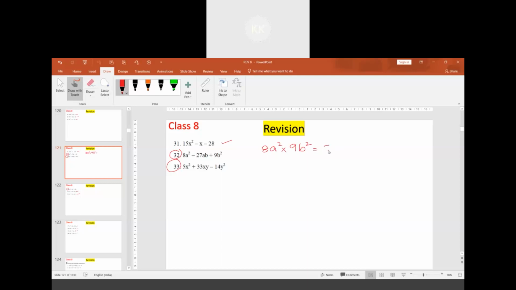We get 72a square b square. From this 72a square b square, we have to obtain the minus 27ab. We have to find two numbers that add up to minus 27ab, and their product must be equal to 72a square b square.